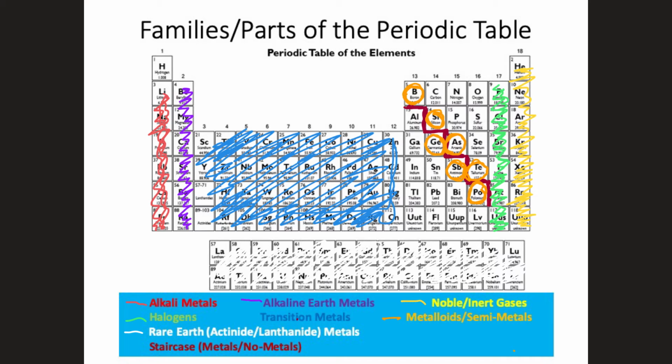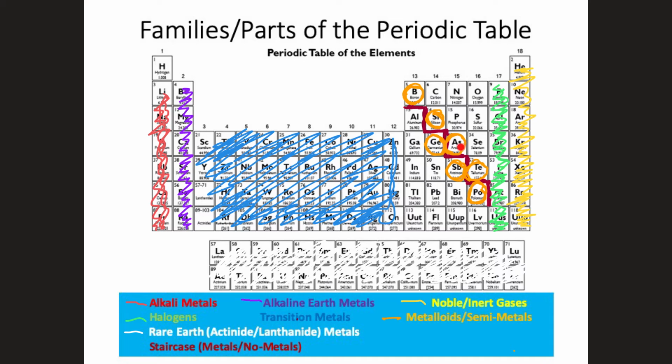The metalloids have properties that are sometimes similar to metals, and sometimes similar to nonmetals, because they're right along that staircase. Remember, that staircase is the boundary between the metals and nonmetals. So, for example, germanium is more metallic-like than arsenic, but it's not as metallic as gallium or zinc.